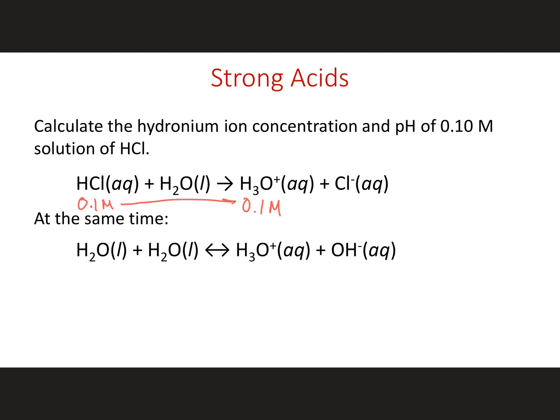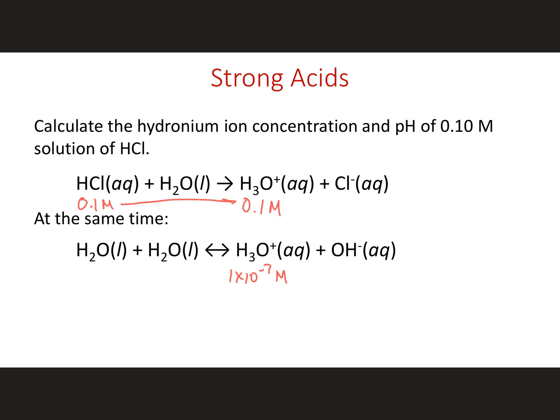And at this time, you might be thinking about, well, we also looked at the auto-ionization of water. Should I have to worry about that concentration of hydronium as well? Well, if you remember, when we did the auto-ionization of water, we determined that the concentration of hydronium from the auto-ionization of water was 1 times 10 to the minus 7 molar, right? That number is incredibly small.